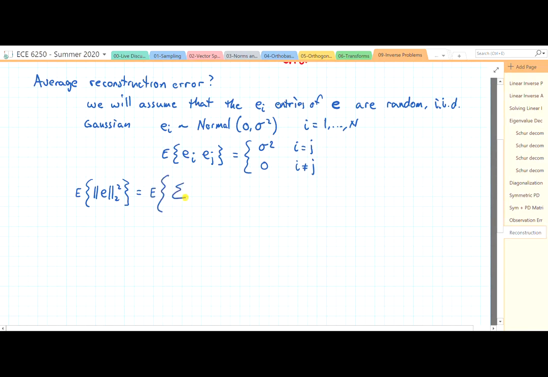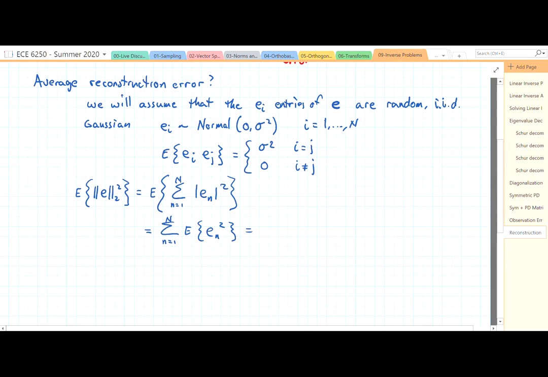And that's the expected value of the sum over n of e_n squared, which is equal to the sum of the expected values of the individual elements squared.